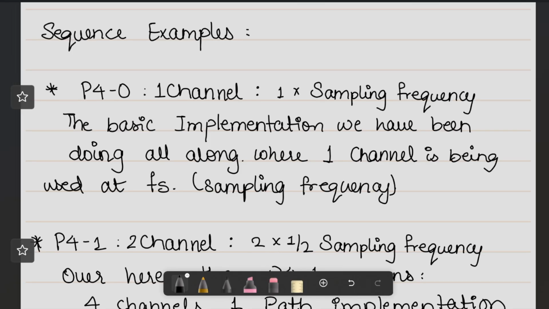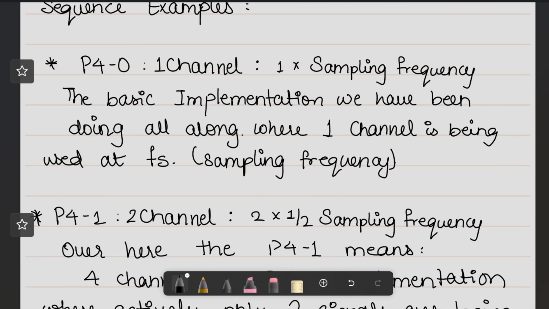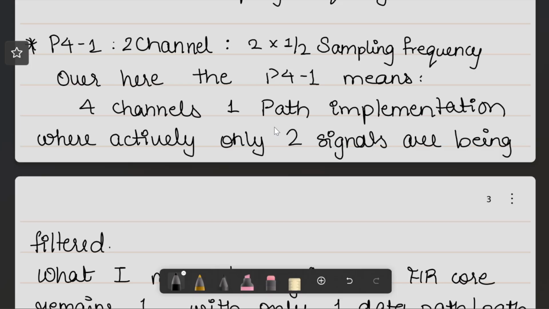P40 or one channel working at 1 fs. This is the basic implementation we have been doing all along, where one channel is being used at fs or sampling frequency. Let us look at the sequence P41 or two channels working at fs by 2.